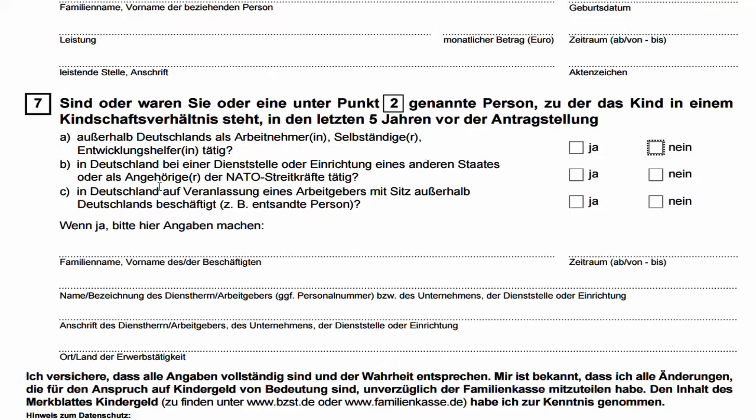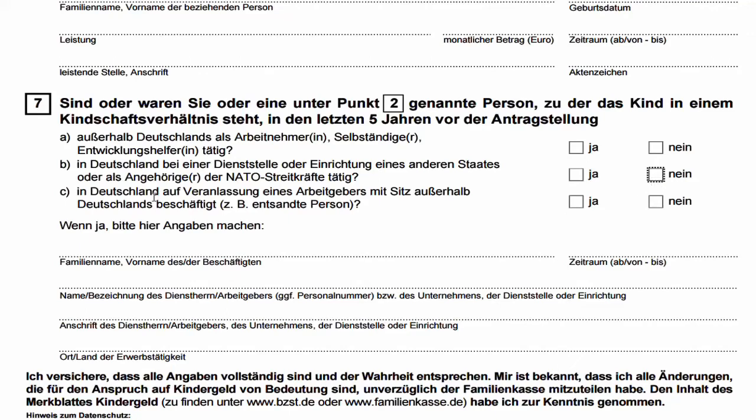Or if you or this person has been employed in Germany at an office or institution of another state or as a member of the NATO armed forces, you mark yes with a cross. If it has not been the case, you mark no with a cross.